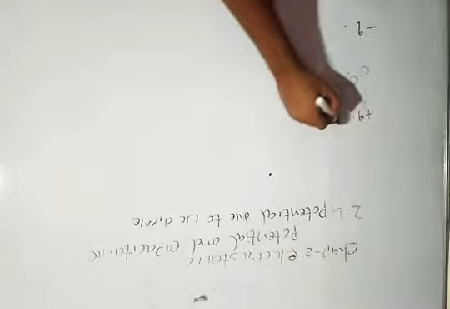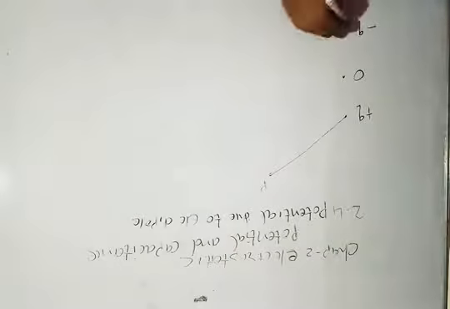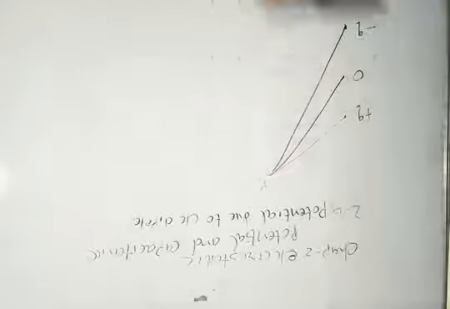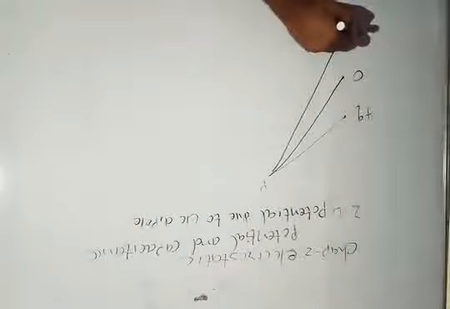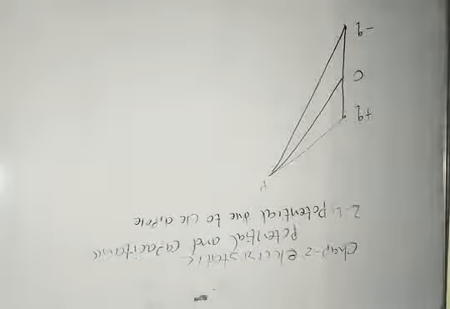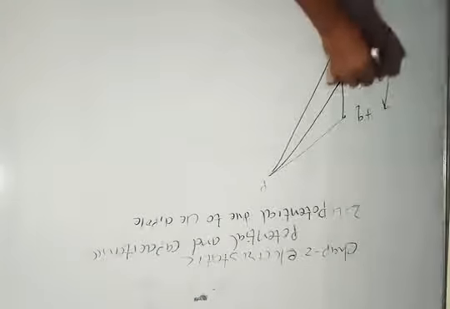So draw the lines from positive Q to that point P, from minus Q to that point P, and from midpoint O to that point P. Clear? Okay. Now we know that the distance between the two charges, positive and negative, we call it 2a.